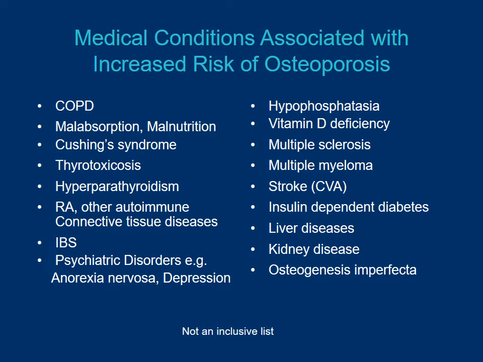If we have hypophosphatemia, vitamin D deficiency, some malignancies like multiple myeloma, strokes, insulin-dependent diabetes, liver and kidney diseases, and some bone diseases like osteogenesis imperfecta. It's not an inclusive list, but these are some examples of the diseases that are associated with increased risk of osteoporosis.